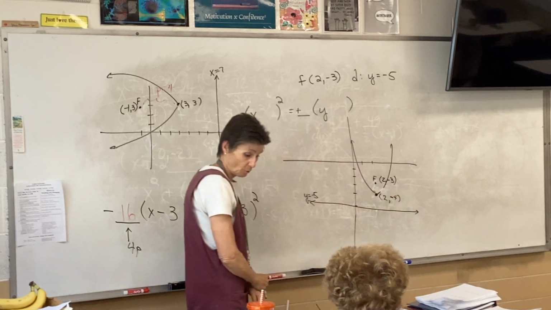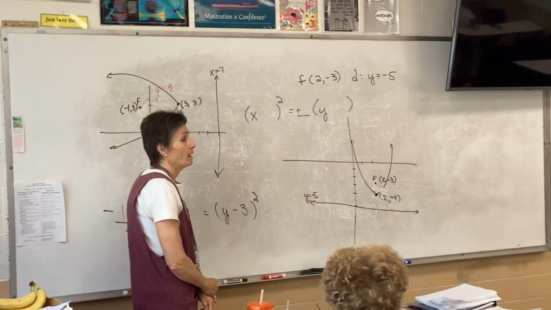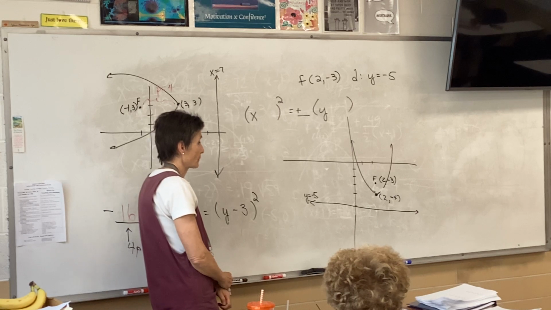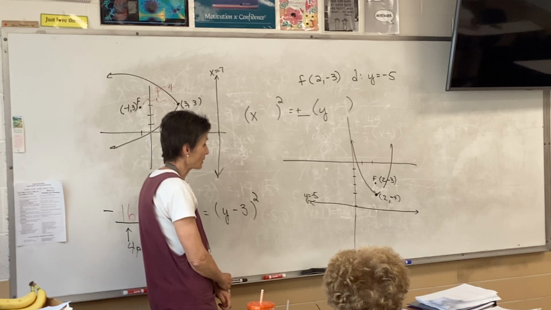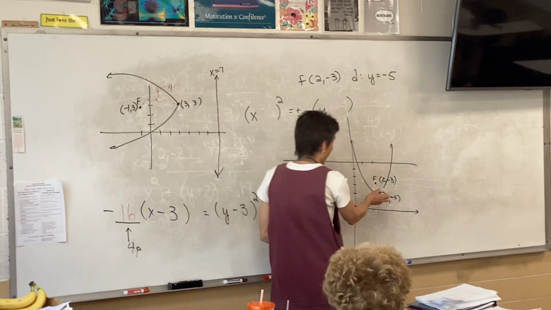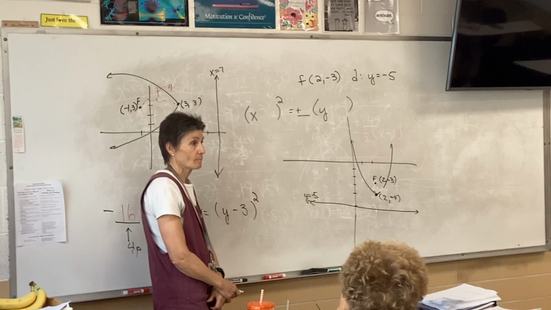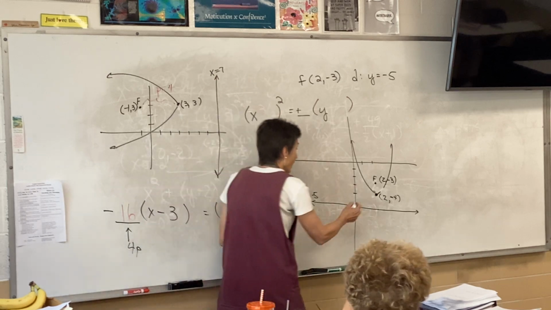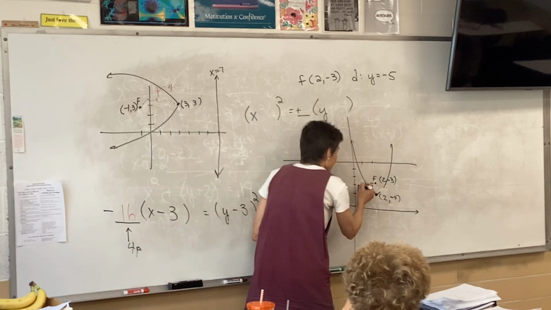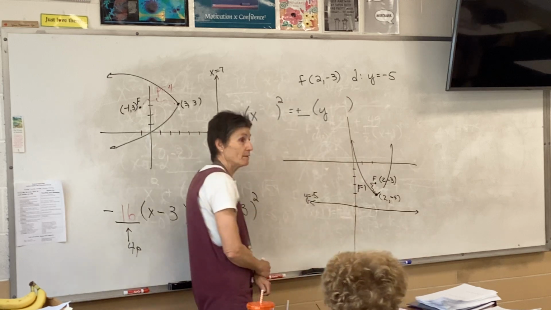I probably should have put graph paper on there, so you would have easier time of counting. But if we go up 1 and down 1, doesn't that work out? By the way, that up 1 is my p. So my p is 1.